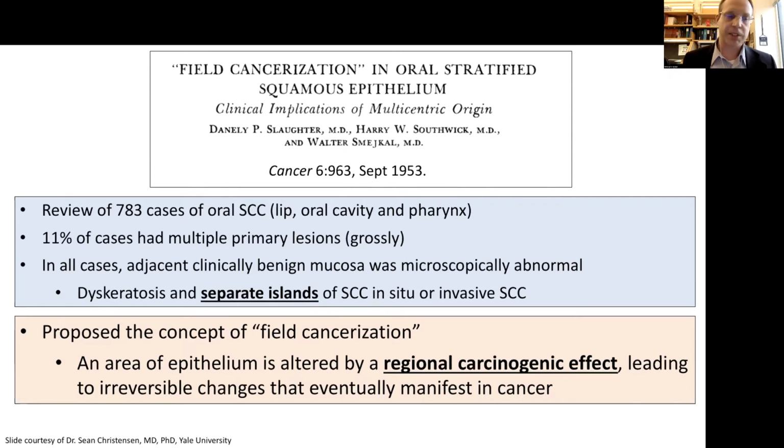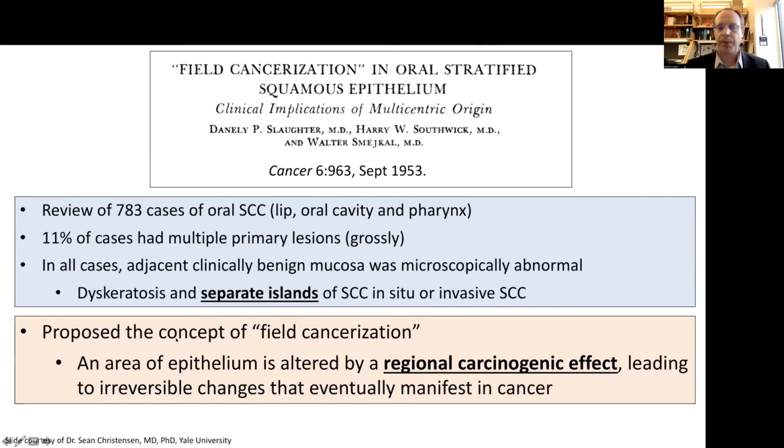Grossly, about 11% of the cases had multiple primary lesions. But in all cases, the clinically benign mucosa adjacent to the cancer itself was also microscopically abnormal, including dyskeratosis or separate islands of SCC in situ or an invasive squamous cell carcinoma.